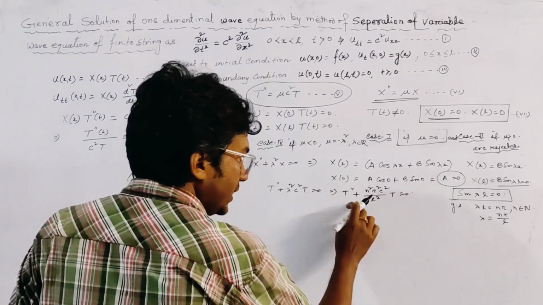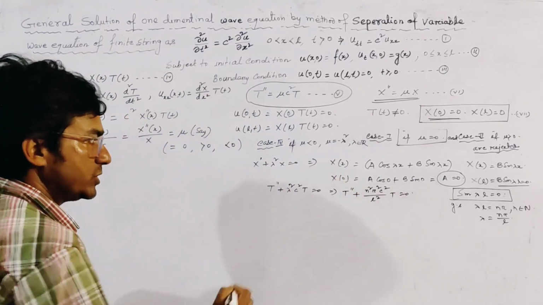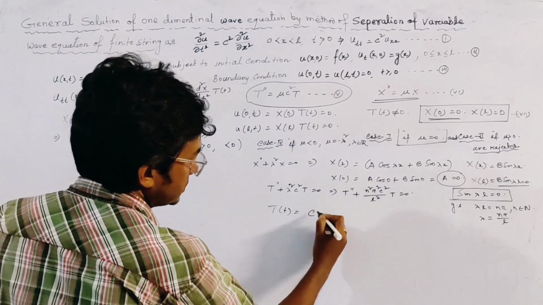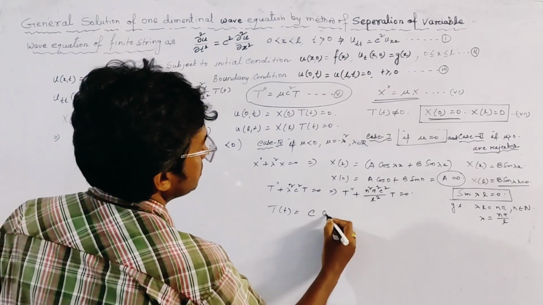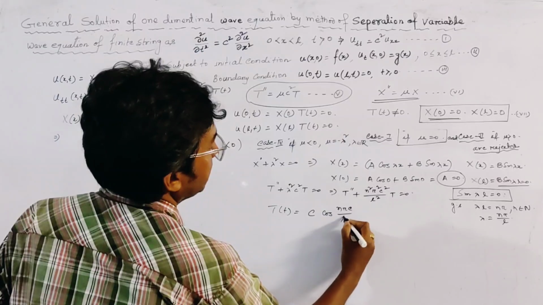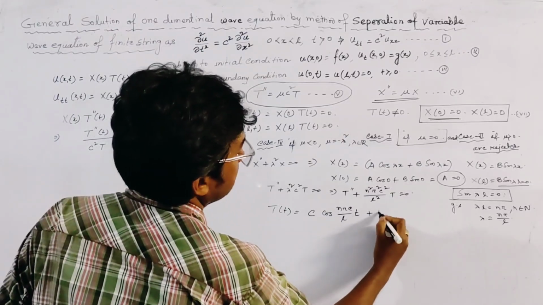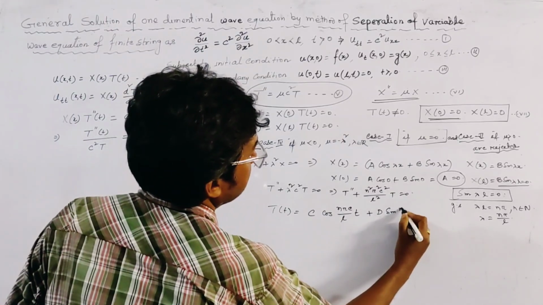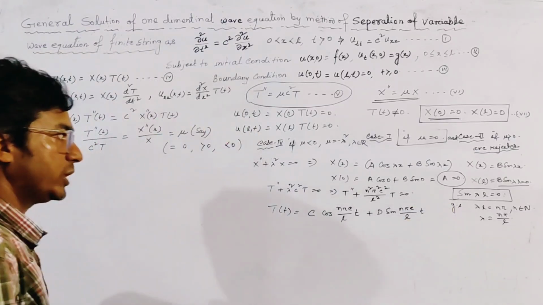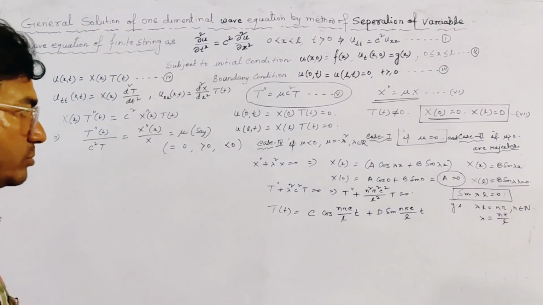The general solution of this differential equation is T(t) equal to c cos(n pi c t by L) plus d sin(n pi c t by L). Okay, this is the general solution of this relation.